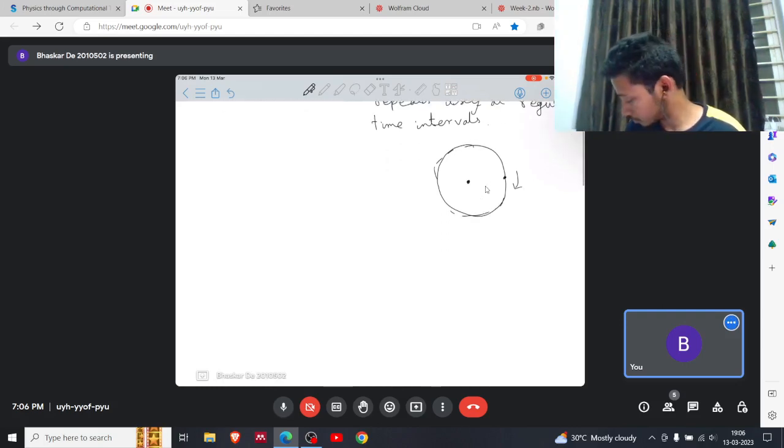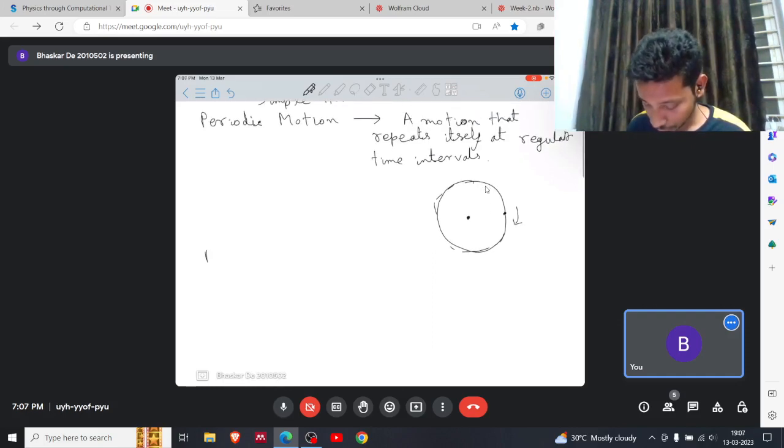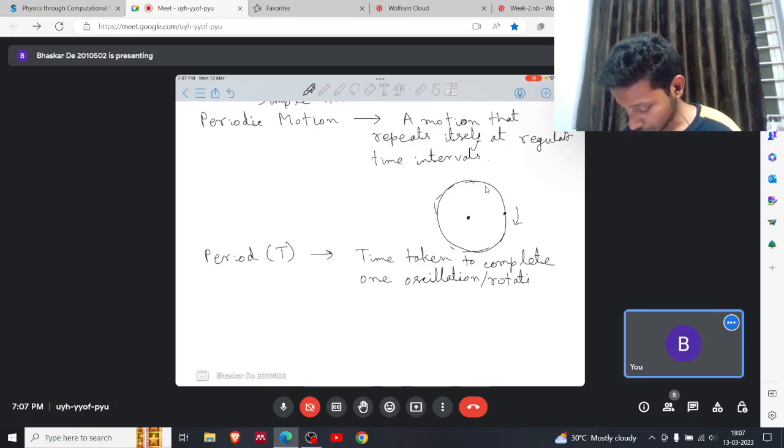Now period. So period is the time taken to complete one oscillation or rotation.